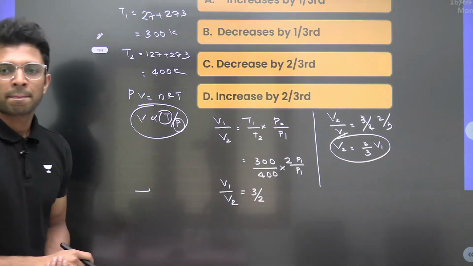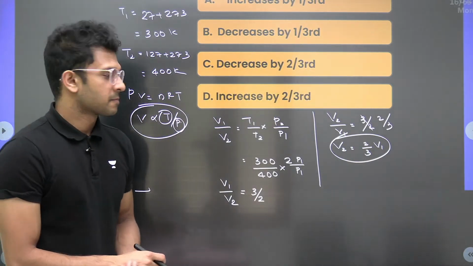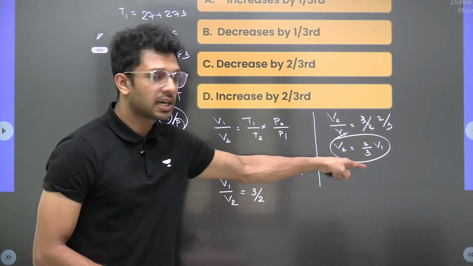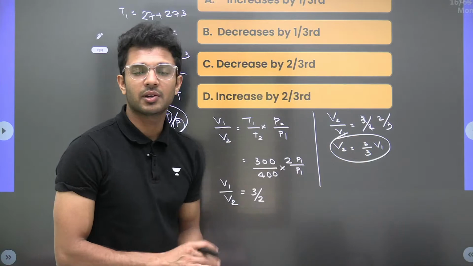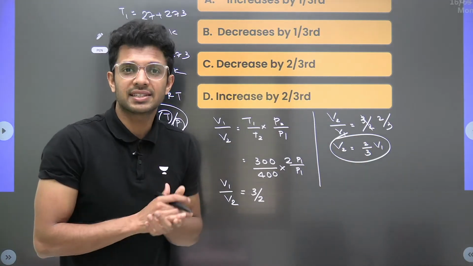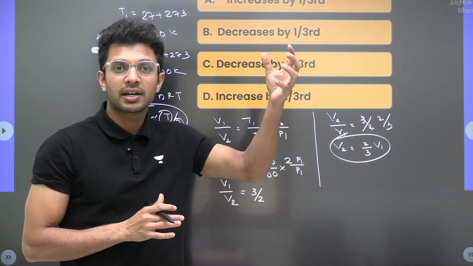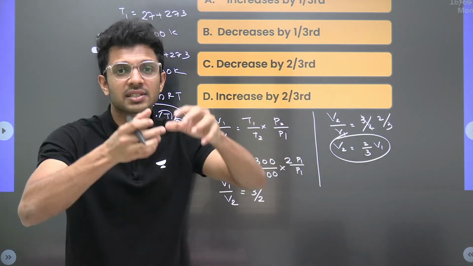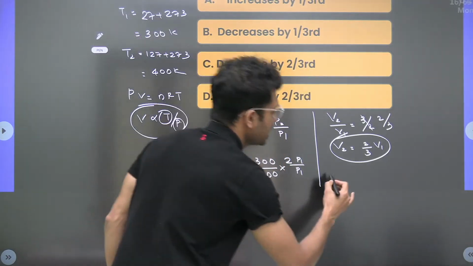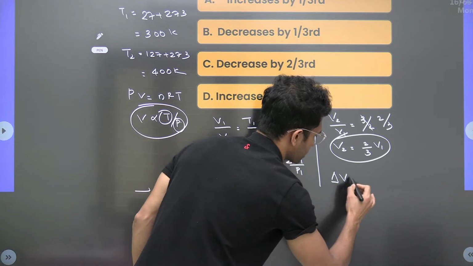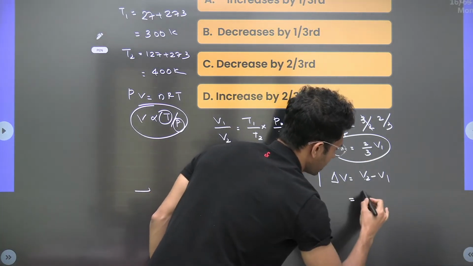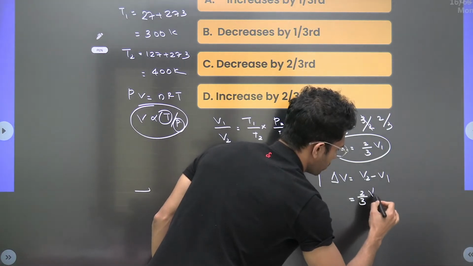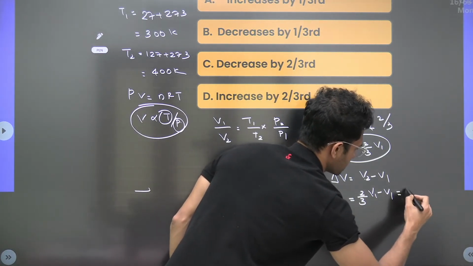V2 का value कम हो गया, it has decreased to a value of 2 by 3 V1. And by what value has it decreased? From V1, right? When it came to V2, how much is the decrease? मतलब change in volume कितना है? That is equal to V2 minus V1. V2 is how much? 2 by 3 V1 minus V1. How much is this?